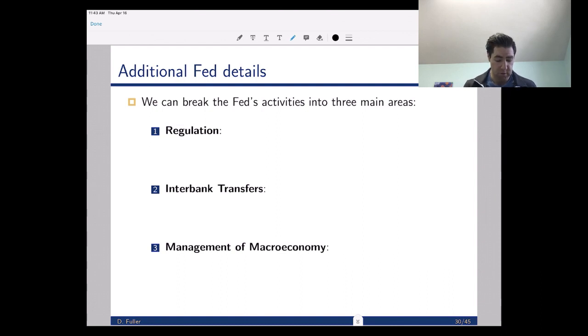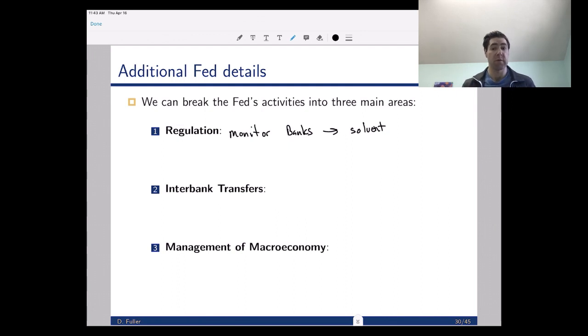And so what they really do is monitor banks to verify that they're going to remain solvent. So we talked previously about a bank's balance sheet. An important component of that is that they have sufficient assets to cover their liabilities.